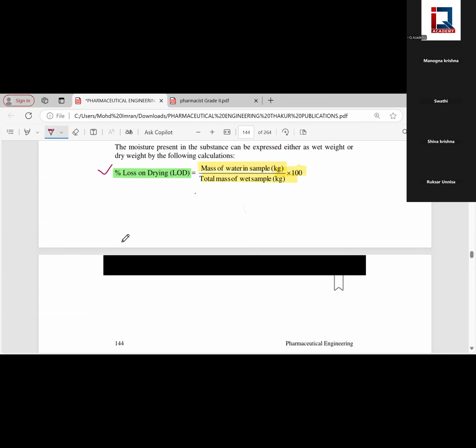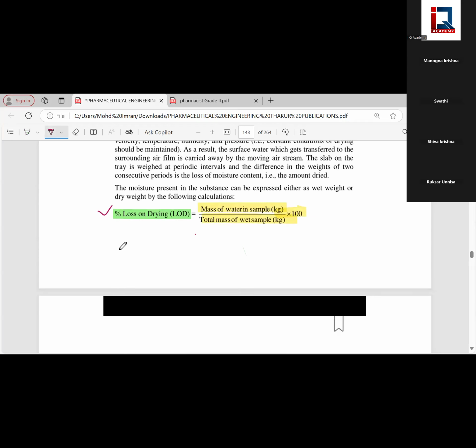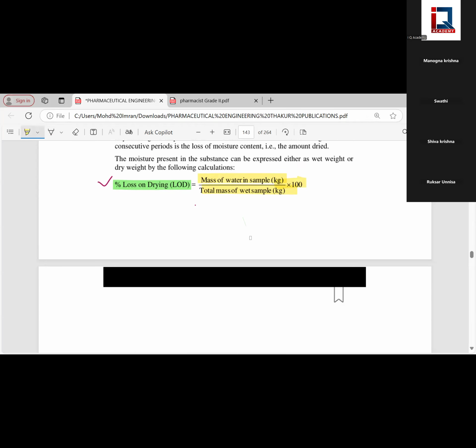Please note down this formula. We have discussed moisture content and EMC, equilibrium moisture content. Now we are discussing percentage loss on drying, LOD, that is mass of water in sample in kgs by total mass of wet substance or wet sample into 100.